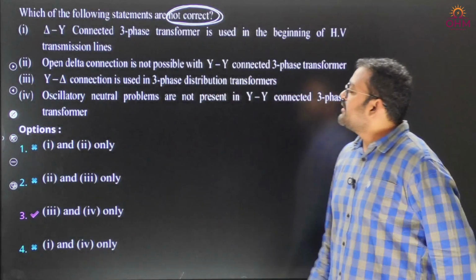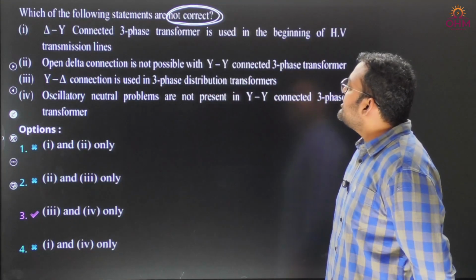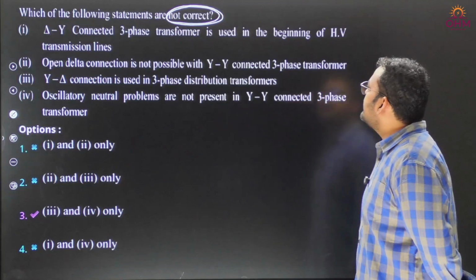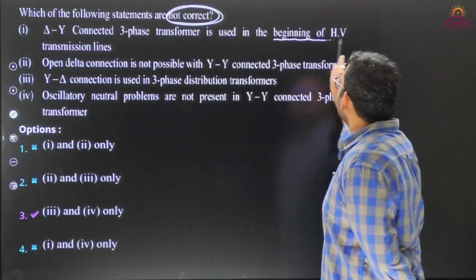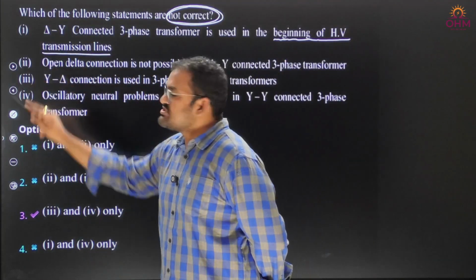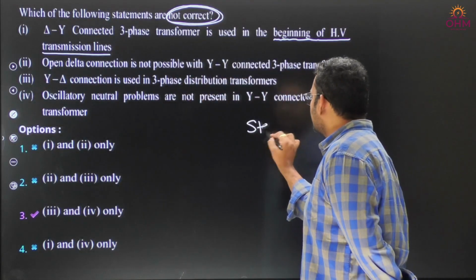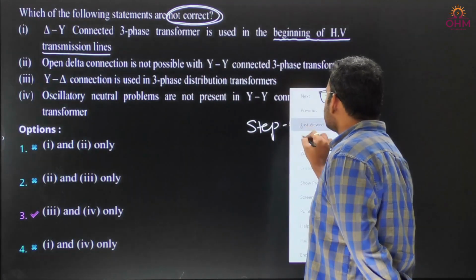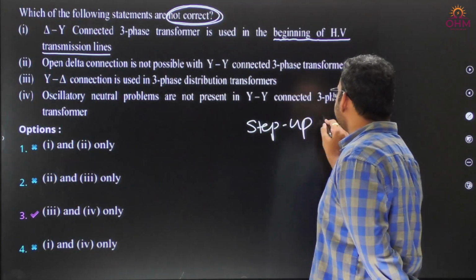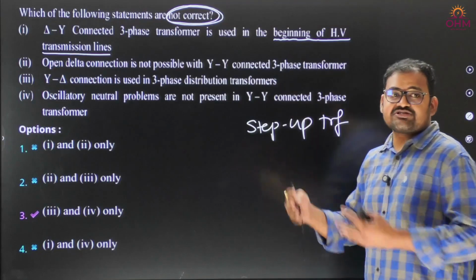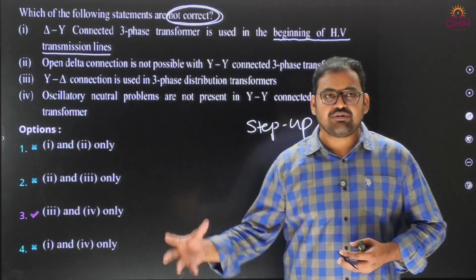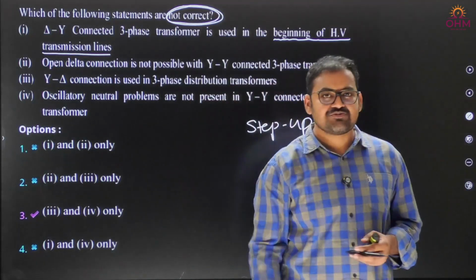Not correct. So delta star connected 3-phase transformer is used in the beginning of a HV transmission line. Remember guys, beginning of HV transmission line means it must be a step-up transformer. High voltage transmission line means you have to step up the voltage and then give that voltage to the transmission line.